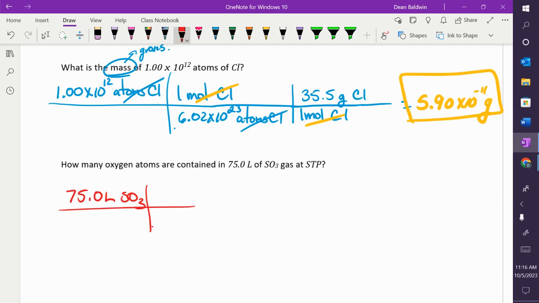Which unit conversion has liters in it? The 22.4, right? So, do you want liters in the top or the bottom of the next one? Bottom, because you need them to cancel. So 22.4 liters of SO3 is 1 mole of SO3.